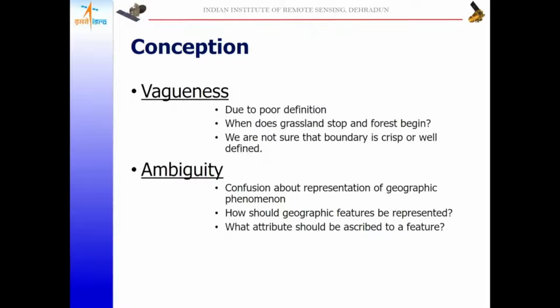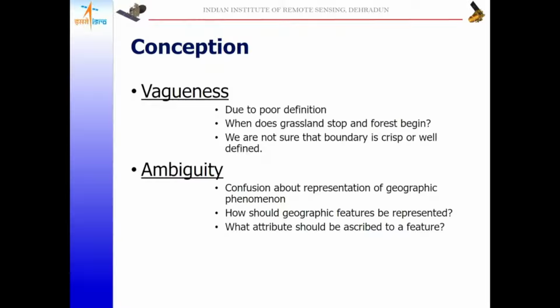Now, ambiguity: if we see confusion about the representation of geographic phenomena, it is like a building. We have to represent it by a point or a polygon. Again, it matters what scale we are seeing or representing, but sometimes it makes a confusion. People simply use whatever scale they are using, and they just put a dot. Suppose you see on the maps, this is a police station.